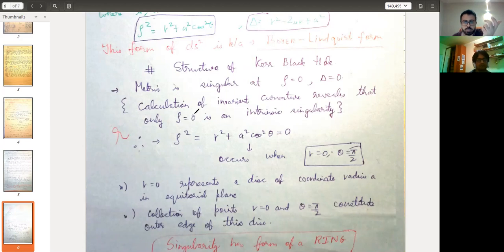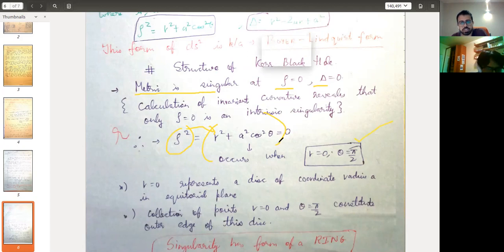This is a bit weird part over here, that the metric is singular at rho equal to 0 and delta equal to 0. You can look into the equations. Because rho is actually this factor, once you solve this, you will get two values of r.